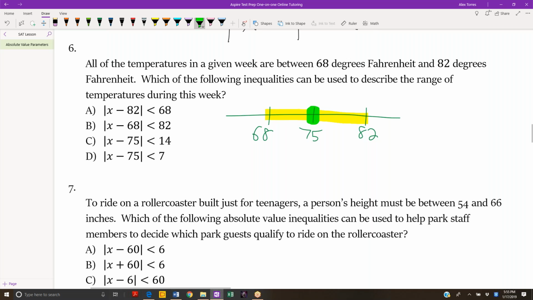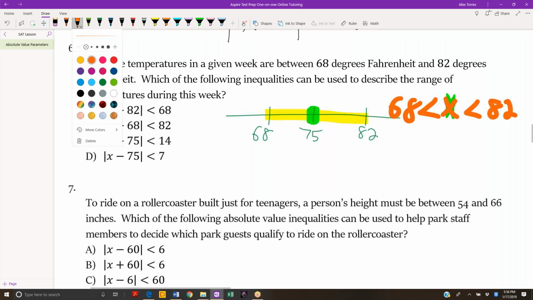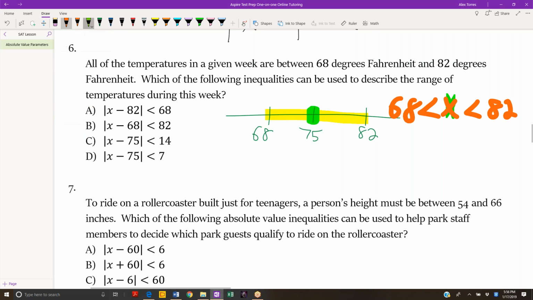So like we said earlier, one way to describe this range is x is a number between 68 and 82. Like that, right? That's the more common way to do it. But what we're going to do is go ahead and do the absolute value inequality way of doing it, which is to say 75 is our middle number.